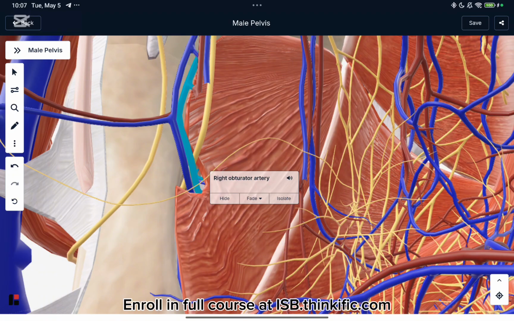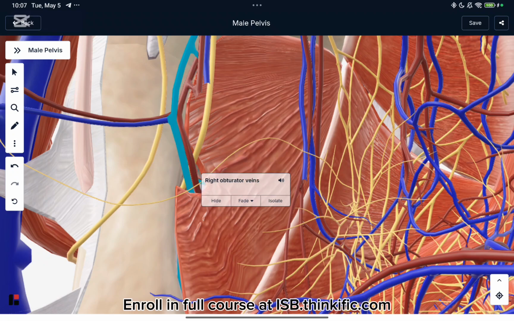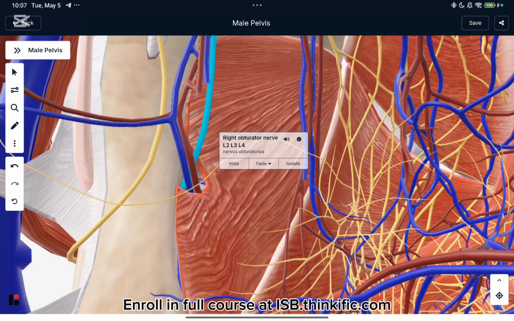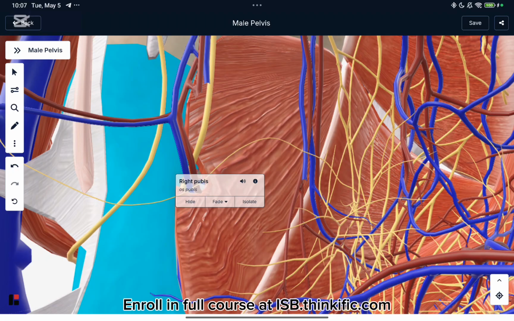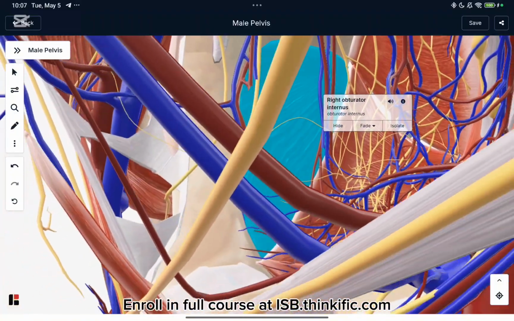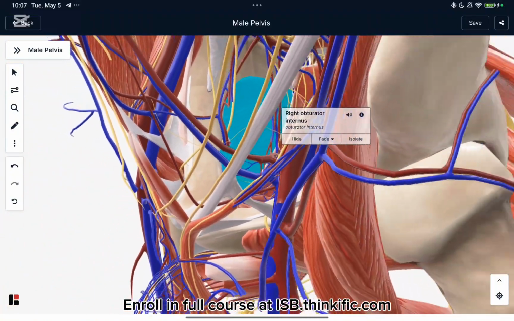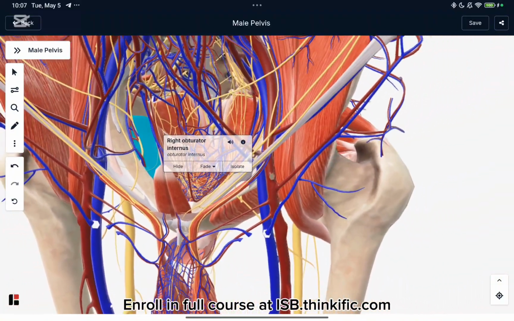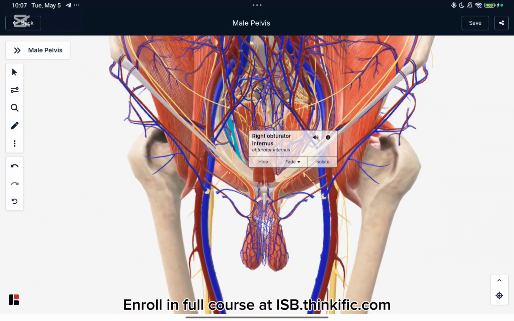So as we can see, this one here is the obturator artery. It's a branch of the internal iliac artery, specifically the anterior division. And here we have the obturator vein, right? It accompanies the artery. And here is the obturator nerve. So those are the structures which are passing through the obturator canal, headed towards the medial compartment of the thigh.